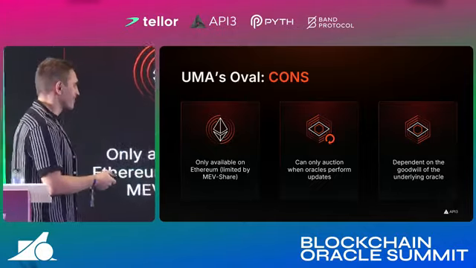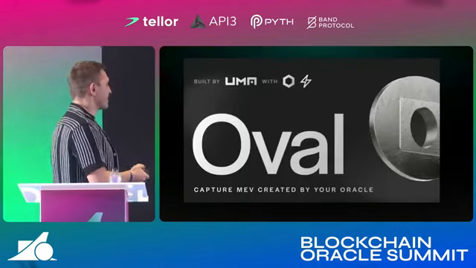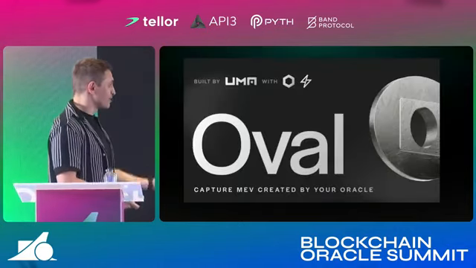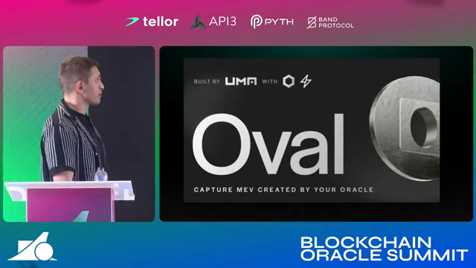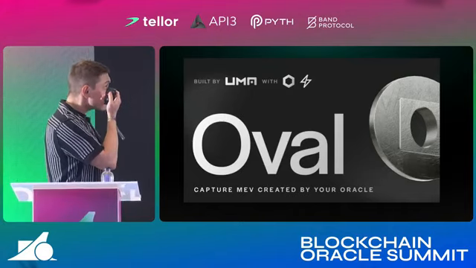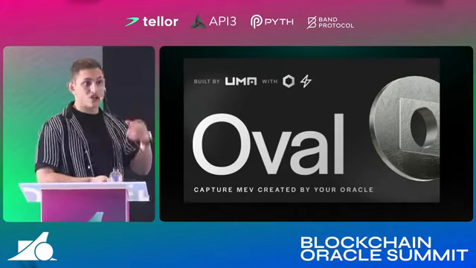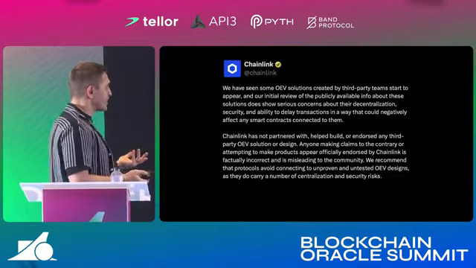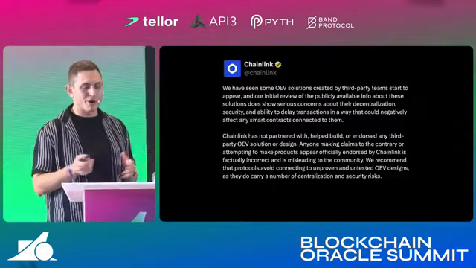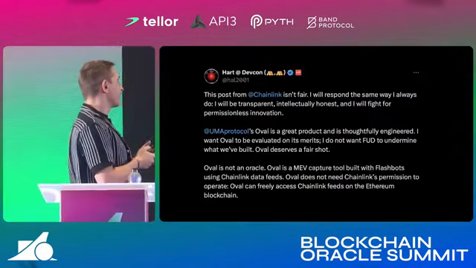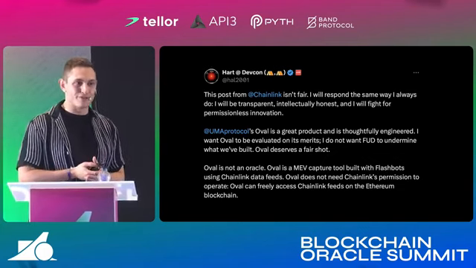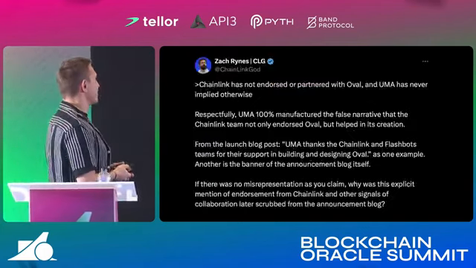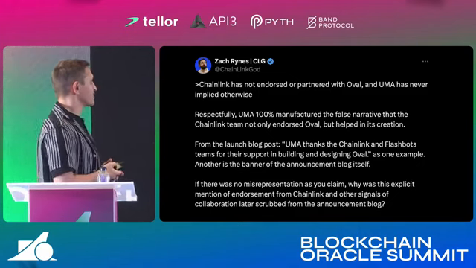And sorry, Matt, but essentially OVL was announced as built with Chainlink and Flashbots, since they wrapped Chainlink updates first. Chainlink came out and said, we have not helped or partnered with this at all. Hard came out and said, well, it's a permissionless product built on top of OVL. And then our beloved friend here said, well, you claimed it was built with Chainlink.